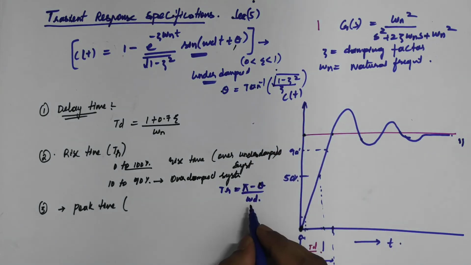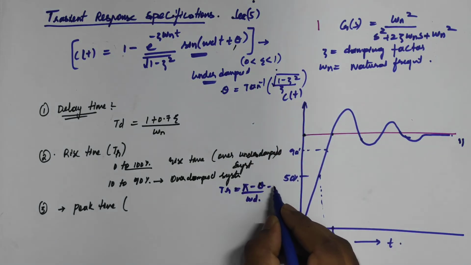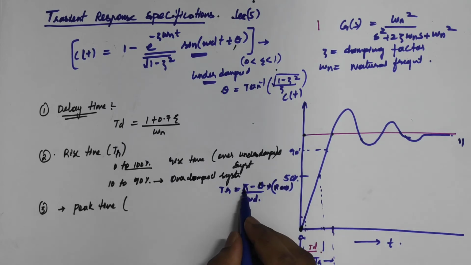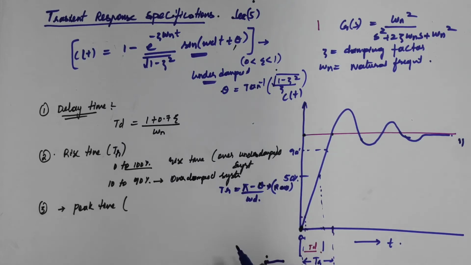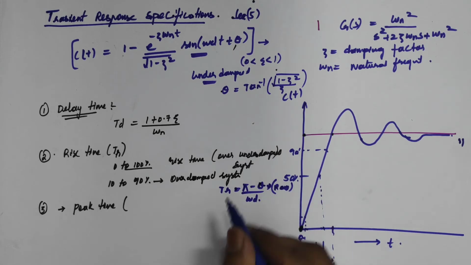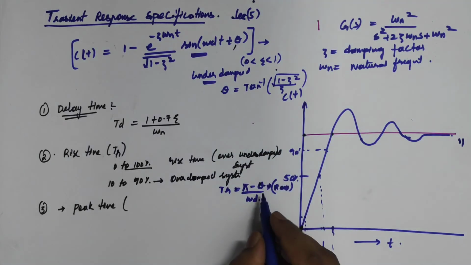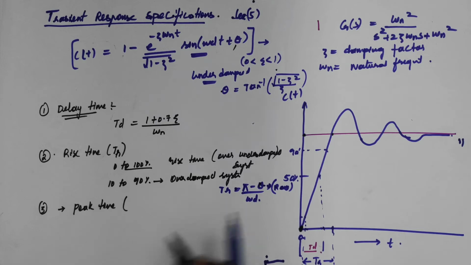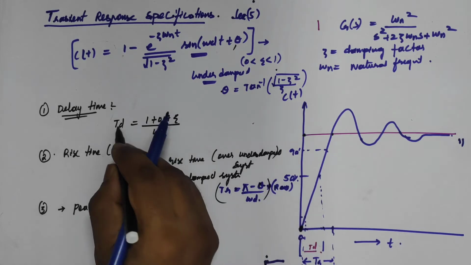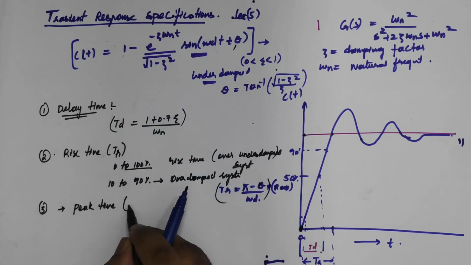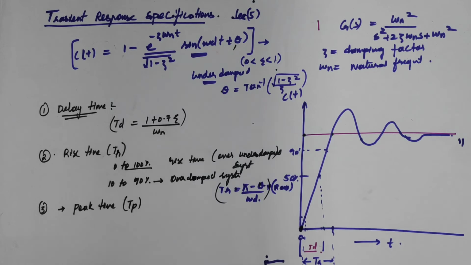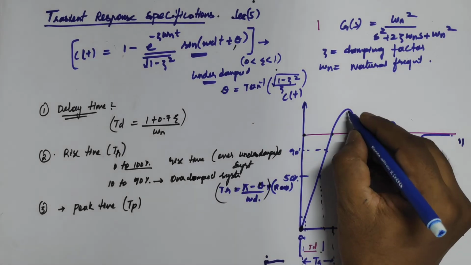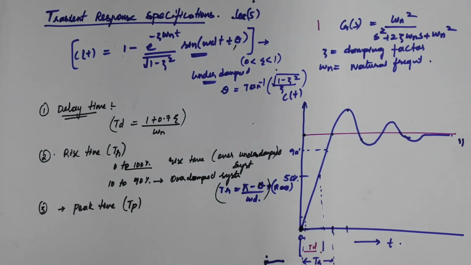This theta is in radians. Pi in radians means 3.14, and if we get theta in degrees, we convert it into radians and get the Tp value. Peak time means the time required to reach the first peak of the response.